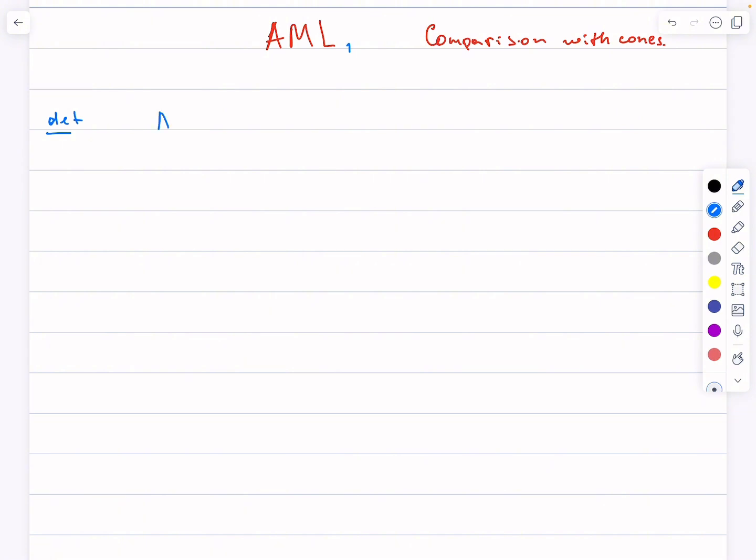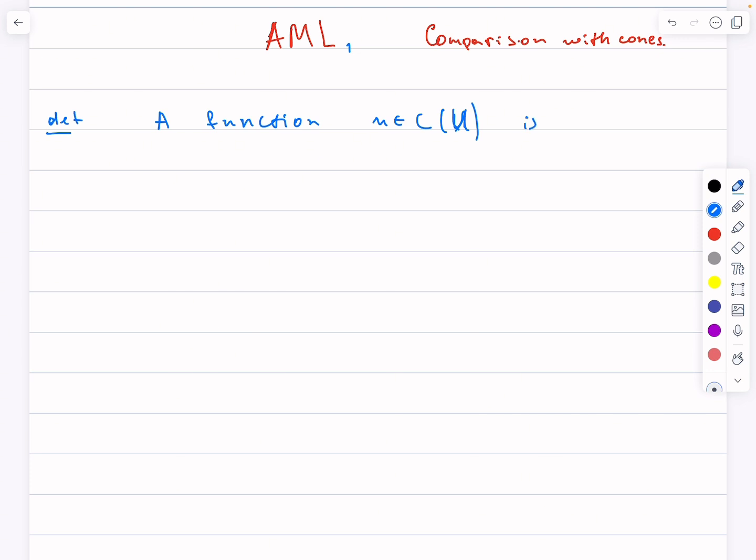A function u which is continuous in U, and this big U is our domain, open and bounded.